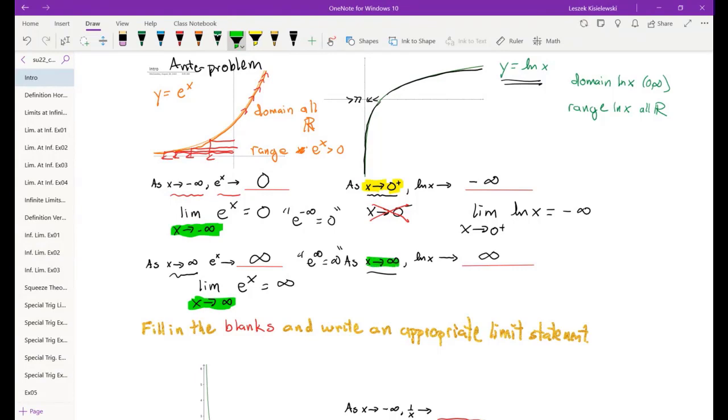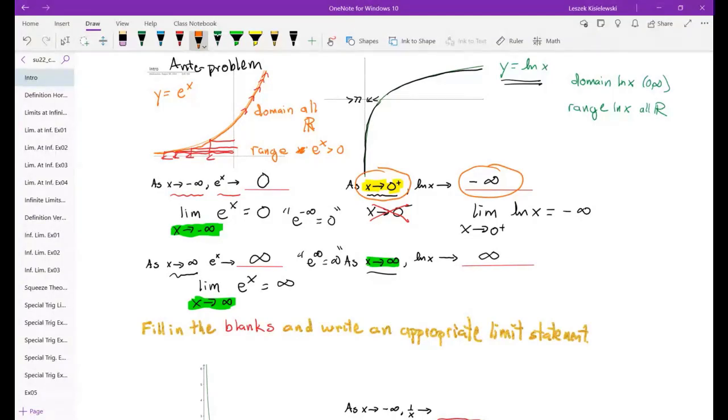So we looked at three limits at infinity. And the other thing we'll be looking at are limits that are infinite. So x could be approaching some finite number, for example, like in this log, x goes to 0. But the function itself either goes to negative infinity or plus infinity. So those are infinite limits.